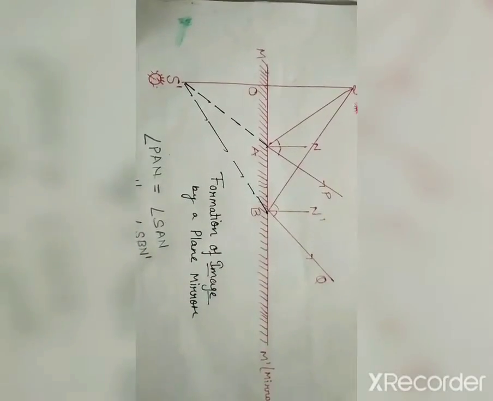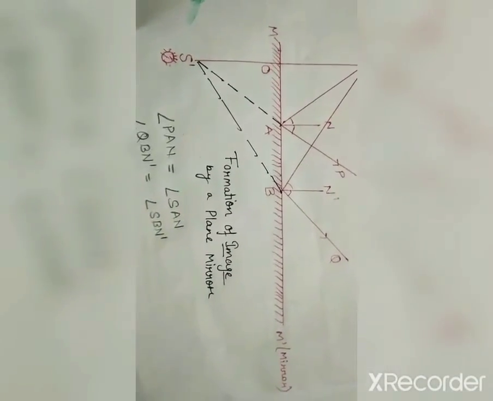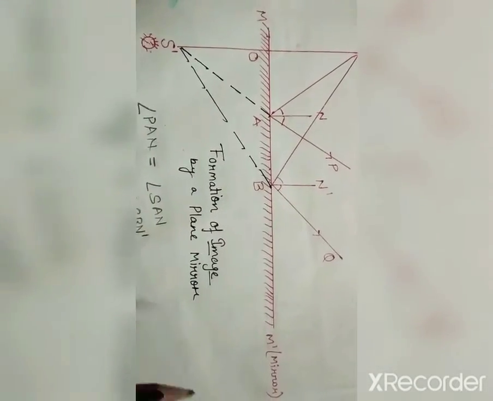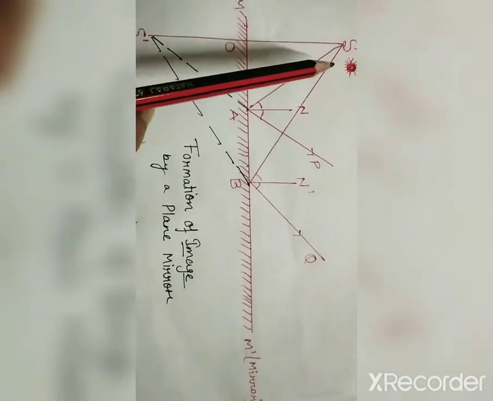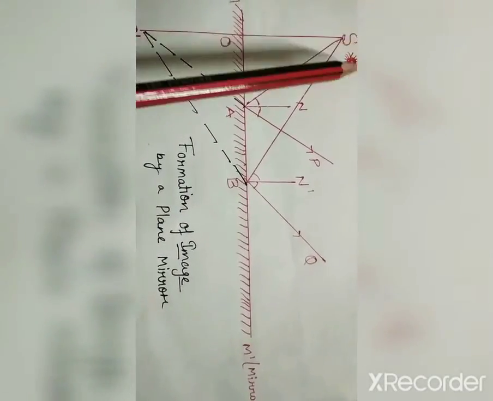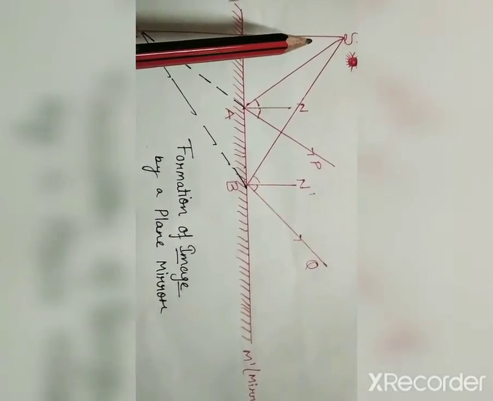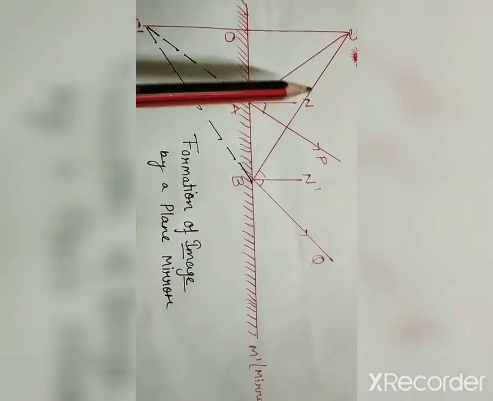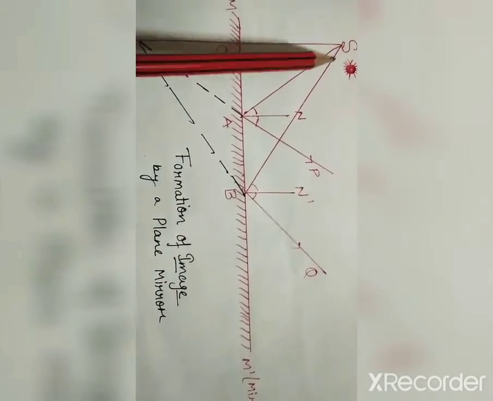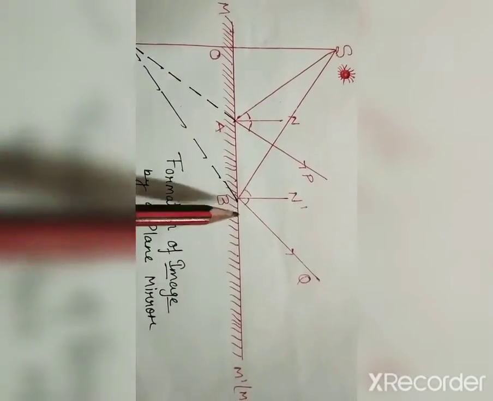Hello students, we are going to discuss the formation of image by a plane mirror. So here we will imagine the point S as a light source. There will be two rays coming and falling on this mirror M M dash, the rays SA and SB.